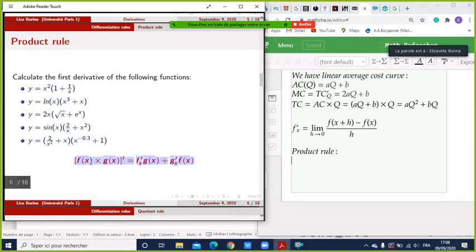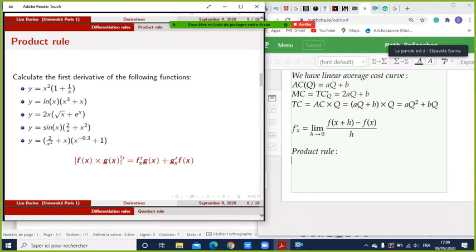We have a product of two functions, so f and g mean that there are different functional forms. For example, one is a logarithm and another one is a sine, or one is just 2x and another one is a logarithm.